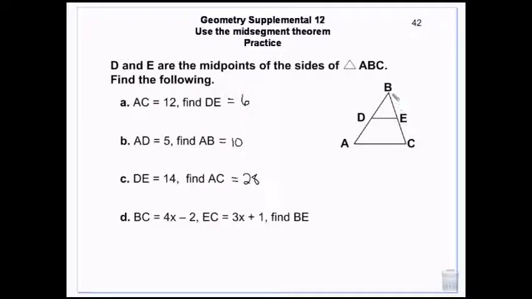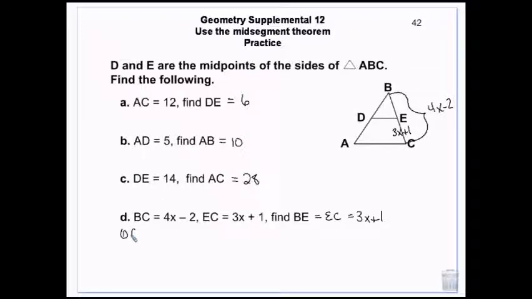If BC, so that's this whole thing right here, is 4x minus 2, and EC is 3x plus 1, we're going to find BE. Well, BE is the same thing as EC, right? And EC is 3x plus 1. So first we have to find x. Does that make sense so far?